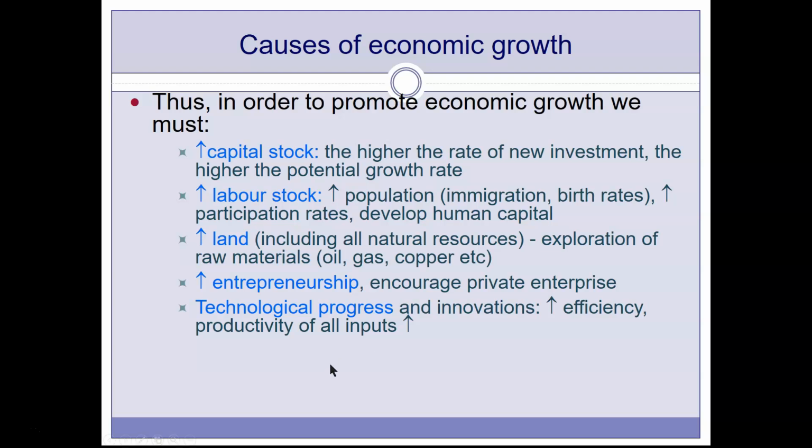So there are two main ways of promoting economic growth: increasing the quantity of factors of production, and increasing their quality and productivity. Technological progress is the main factor which determines the rate of economic growth in a country.